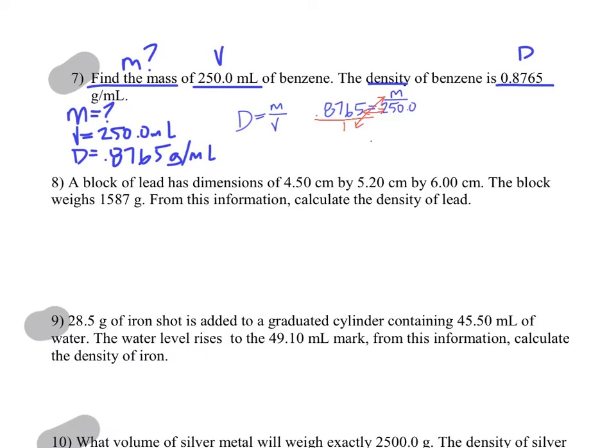So 1 times m is m, and then on the left I got 0.8765 times 250. And when I multiply 0.8765 times 250, I get an answer of 219.125. I'll write that over here. And now I can round my final answer. I'll round it to 219.